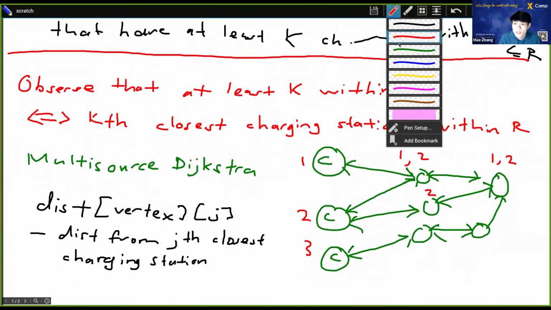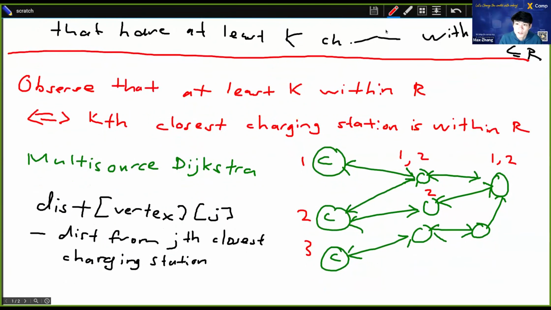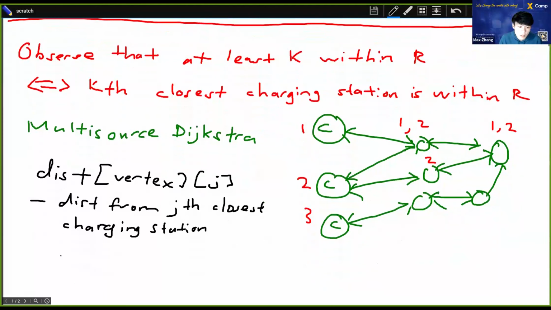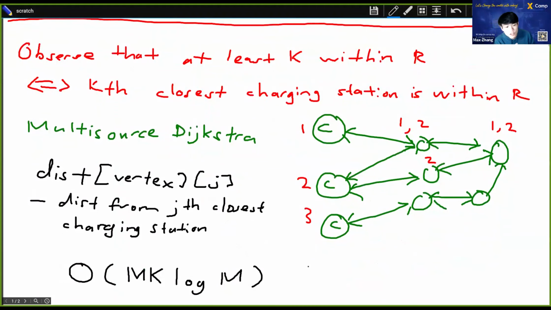And then complexity-wise, this will just be the same as a typical Dijkstra with O of nk states, and we're doing m work per thing. So this would be the Dijkstra complexity, which is O of m times k times log of m, because the bottleneck is that when you're at each state, you iterate over all of its adjacent edges and update those states.